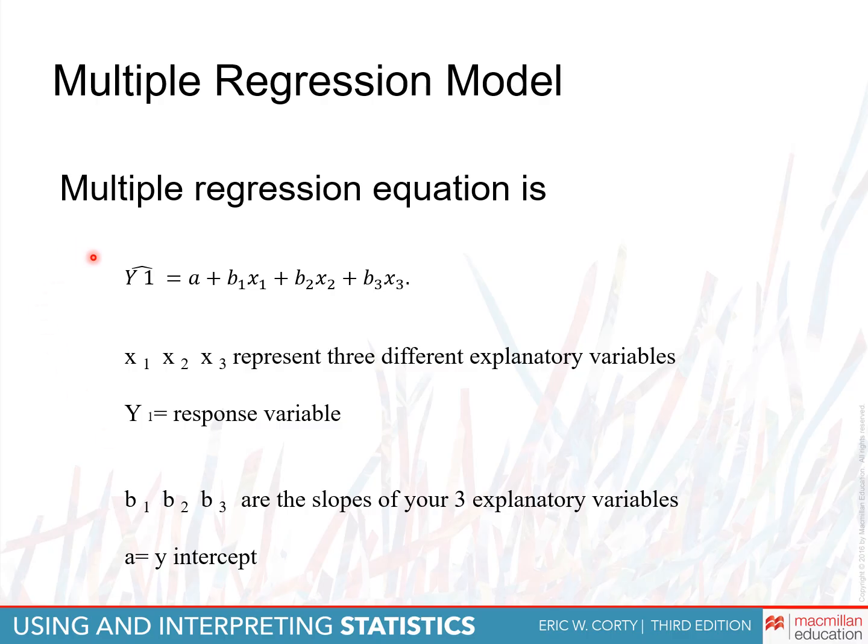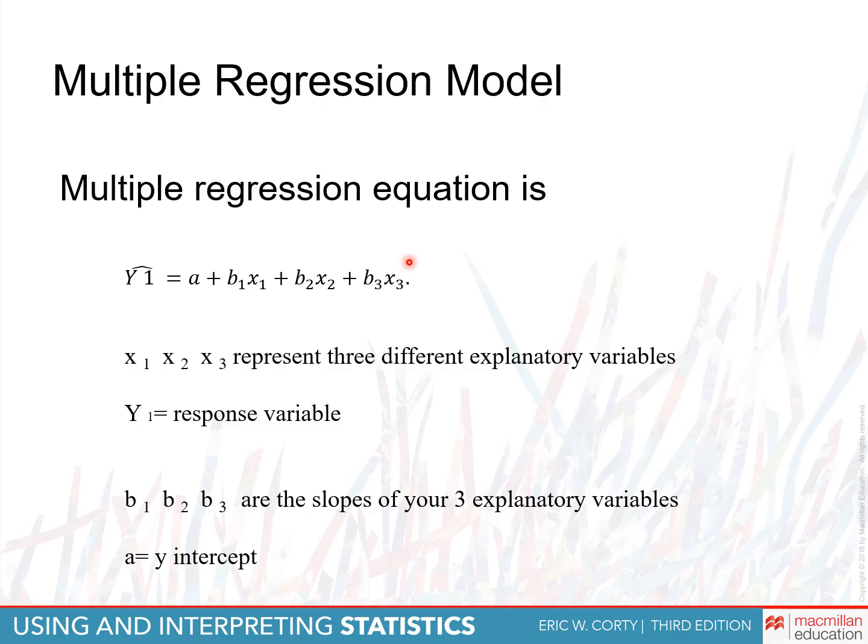So here, our regression equation could be y prime is going to be equal to a, which is our y-intercept, plus b1 times x1, plus b2 times x2, plus b3 times x3. And here x1, x2, and x3 represent three different explanatory variables.